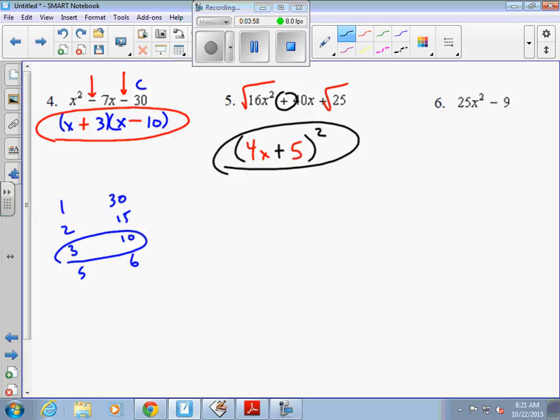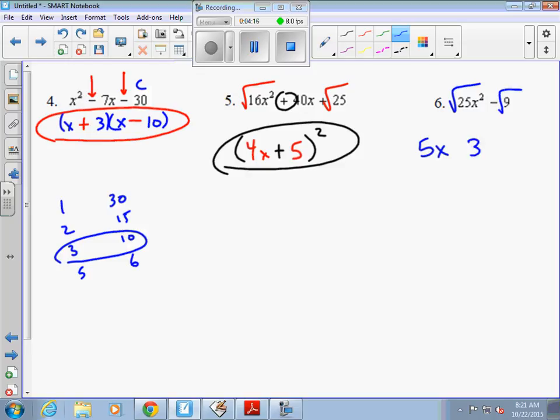6 is a special circumstance as well because it is the difference of two perfect squares. The square root of 25x squared is 5x. 25 is 5, x squared is x. And the square root of 9 is 3.